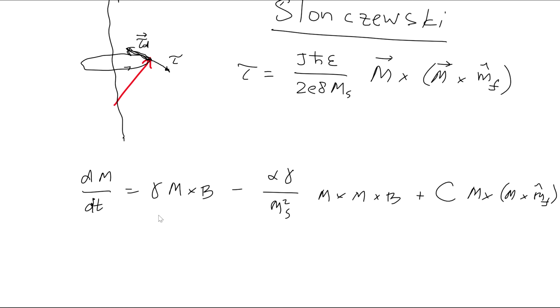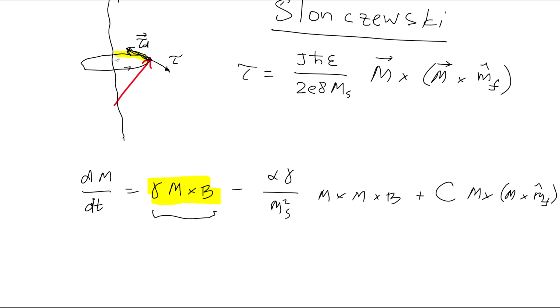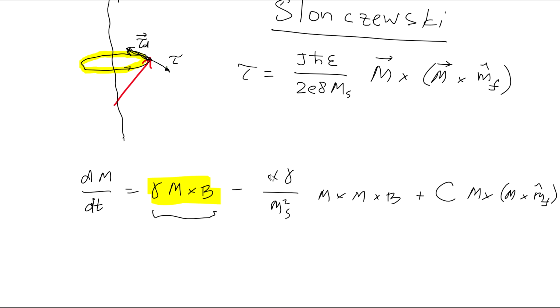So this term is, let me choose a different size, responsible for this motion, for circular motion. Then this term here is responsible for damping, that we return our sample back.